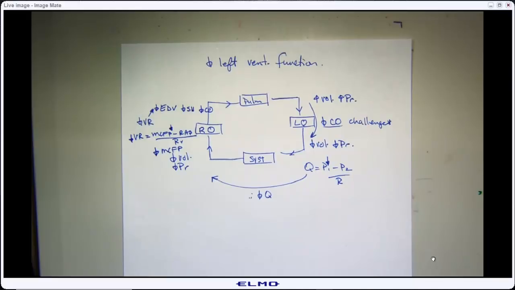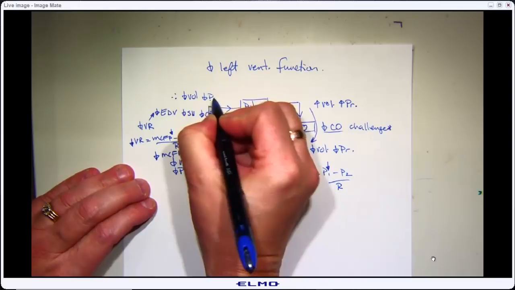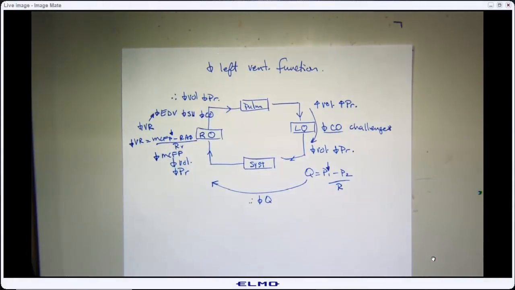Okay, we're almost there. What does that mean for pulmonary arteries? And for a decrease in volume and a decrease in pressure in those pulmonary arteries. Brilliant. Okay?